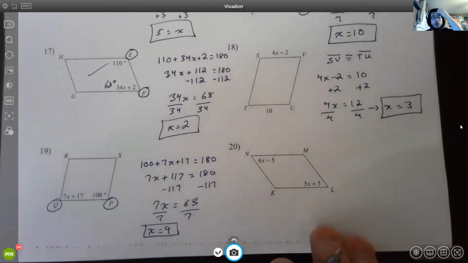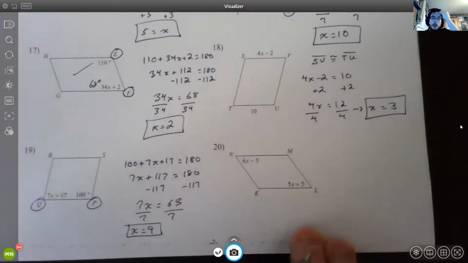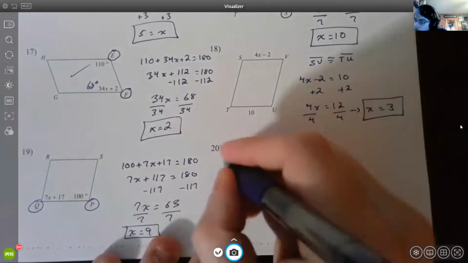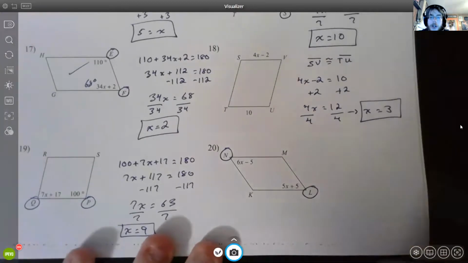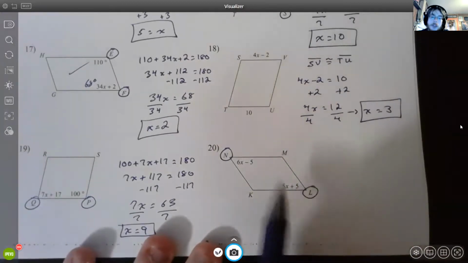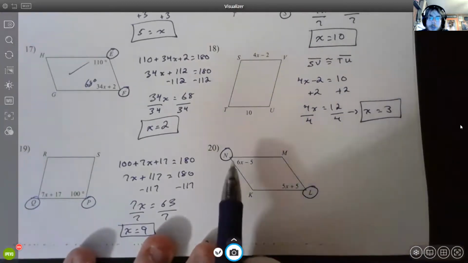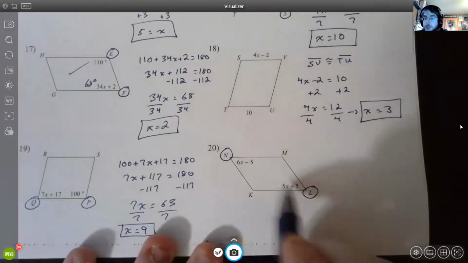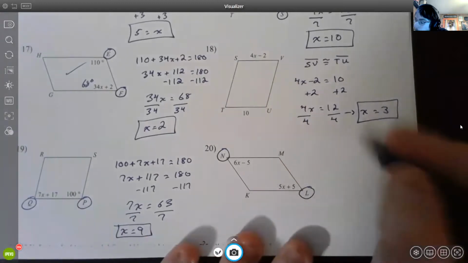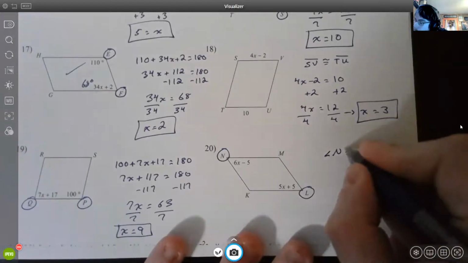And finally, number 20. We're dealing with angles again, angle N and angle L. Are these opposite angles or are they consecutive angles? Well, as we can see, N and L are not connected by any sides. They are directly opposite from one another, so that means they are congruent.